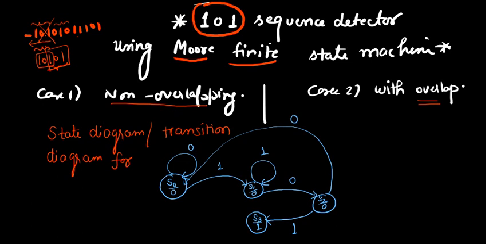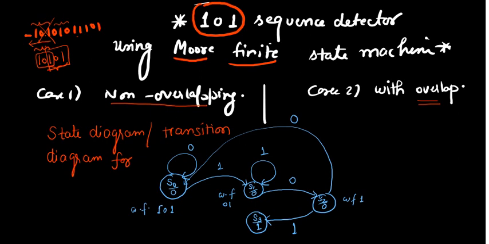So we will move towards S0 state. S0 is waiting for 101. Here we are at S1, we are waiting for 01. Here we are waiting for 1. But if 0 arrives, we will go back to our S0 state and we will start waiting for 101.